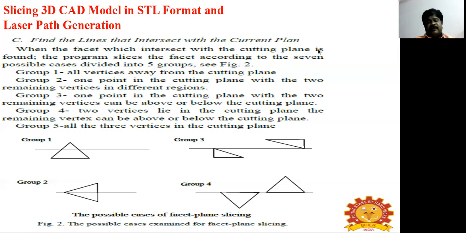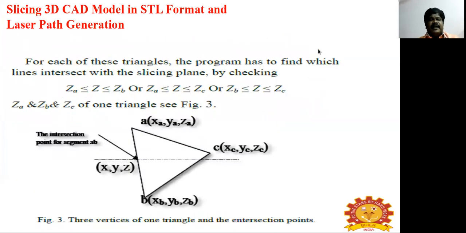If you take the STL file, the triangular facet is described by a set of X, Y, Z coordinates. So if you take the slicing of a 3D CAD model, STL file format and laser path generation, for each of the triangles the program needs to find which lines are intersecting with the slicing plane.